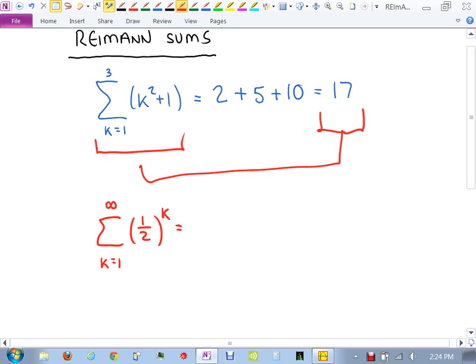Let's start at k equals 1. What would you get? 1/2 to the first power, plus, now let k be 2, 1/4. Now let k be 3, 1/8, 1/16, plus forever and ever. This would keep going.